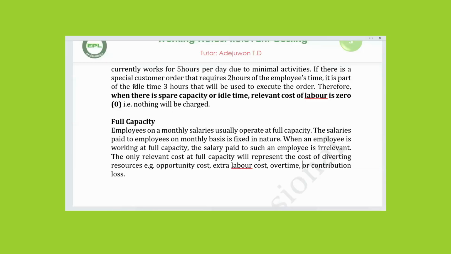So you will know, okay, this is contribution loss. If it's an opportunity cost, you will see the way the examiner designs the scenario, so you'll be able to know which one is more appropriate. Whether opportunity cost or contribution loss, you can interchange it. They are both appropriate. Yeah.